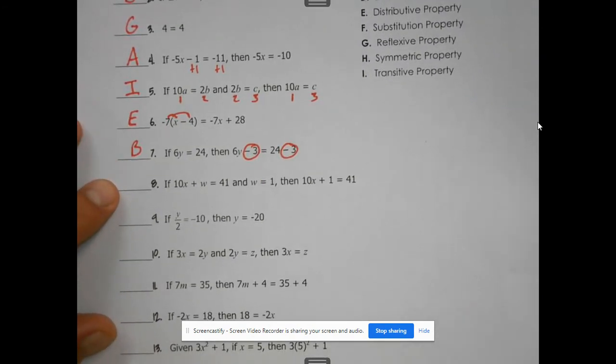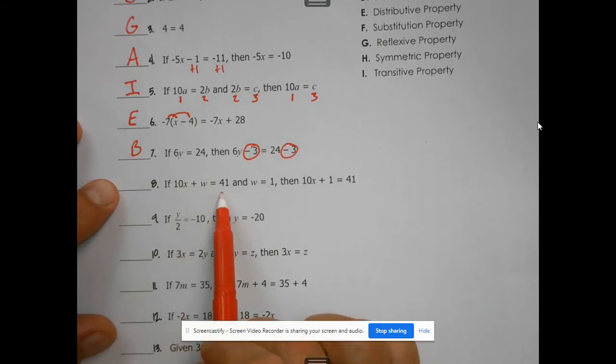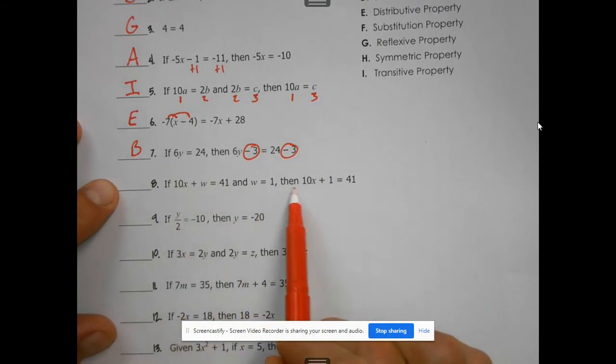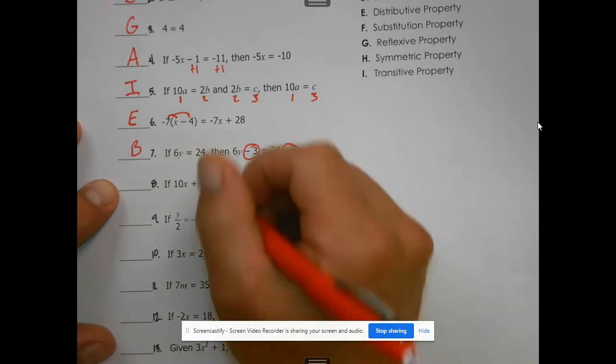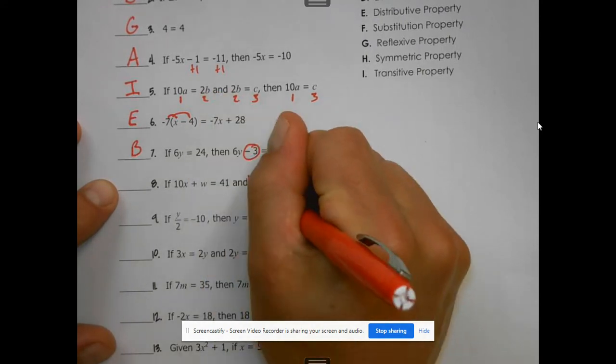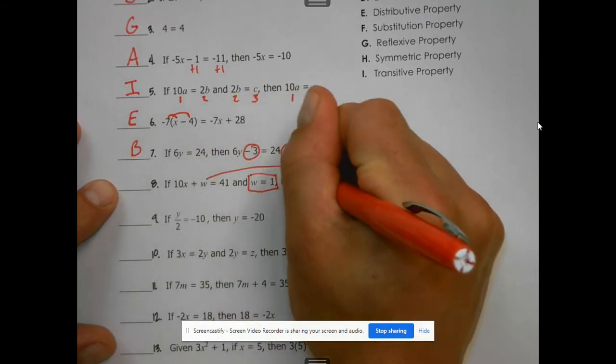Number 8. If 10x plus w equals 41 and w equals 1, then 10x plus 1 equals 41. They replaced w with 1.